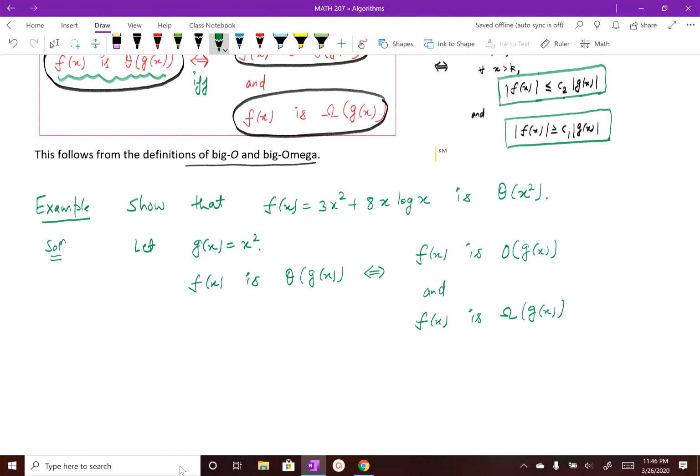Okay, so I'm using this equivalent definition. My first point, I'm going to show that f of x is big O of g of x.